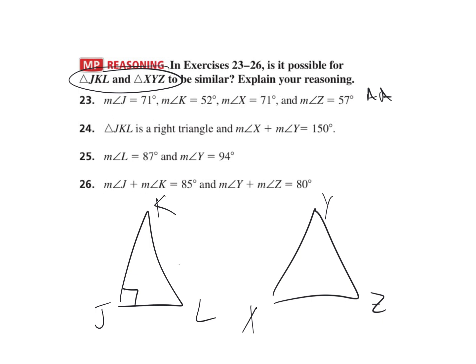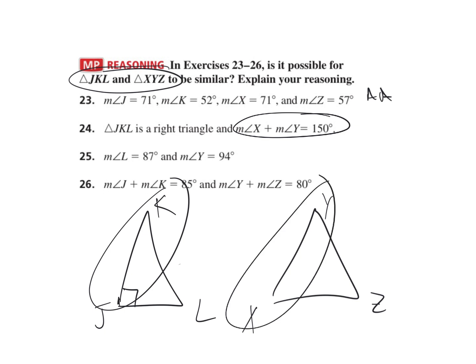Okay, so I know that X and Y have to equal 150, and angle J is 90. So if these two are equal to X and Y, then that means angle K has to be 60. And if X and Y added together equal 150, that means there's 30 degrees left for angle Z. And of course, there's 30 degrees left for angle L if you subtract from 180. So this is how this has to be done. So yes, they are similar.